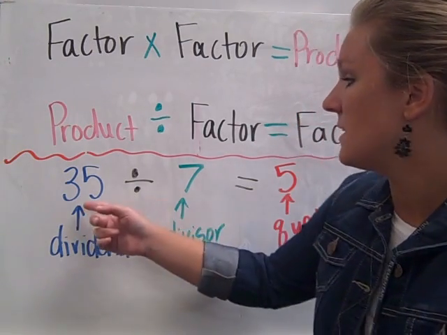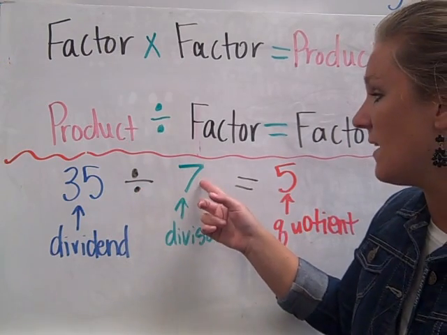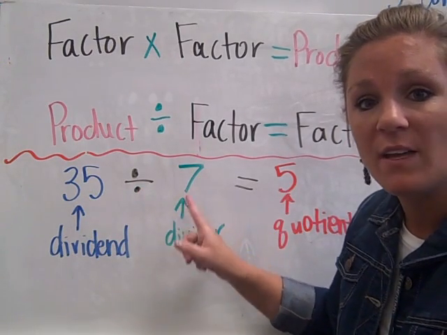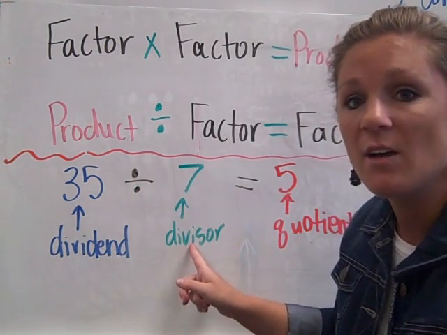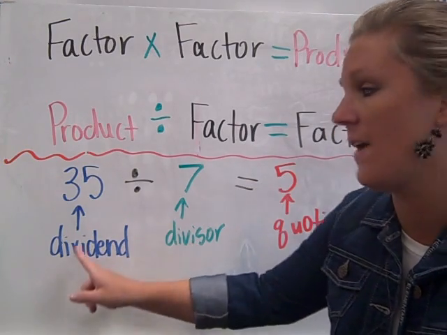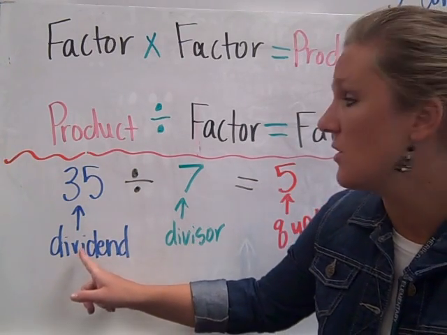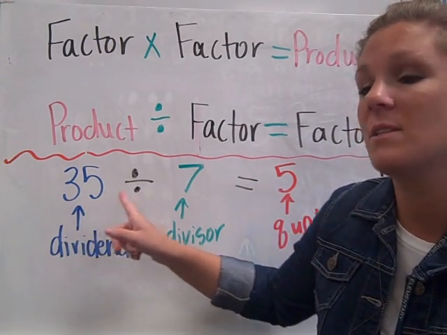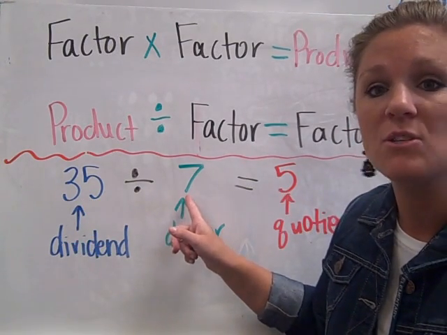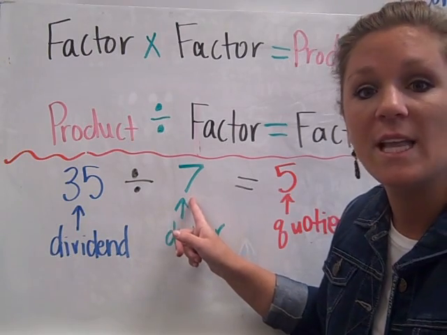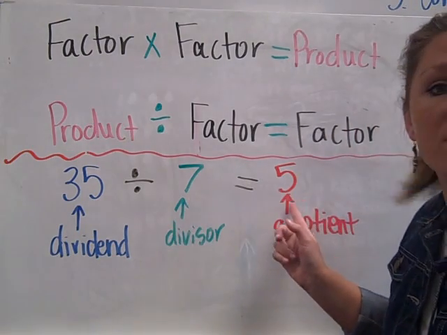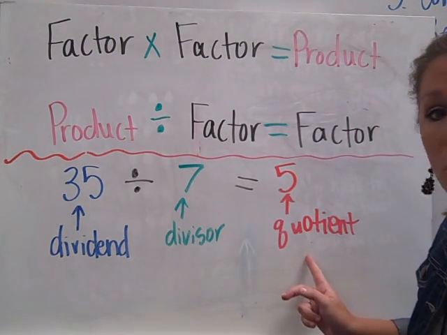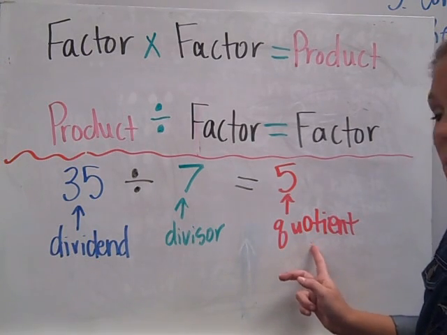So if we want to say 35 divided by 7, this number, 7, is our divisor. It tells us how we want to divide the dividend. So this is telling me that I have 35 of something, and I want to divide it equally into 7 groups. And how many things will be in each of those groups is my quotient or answer.